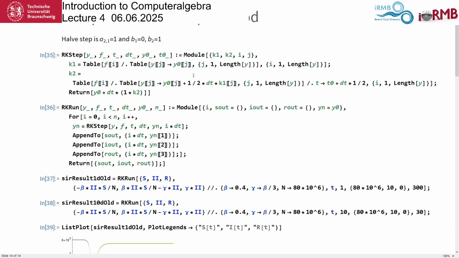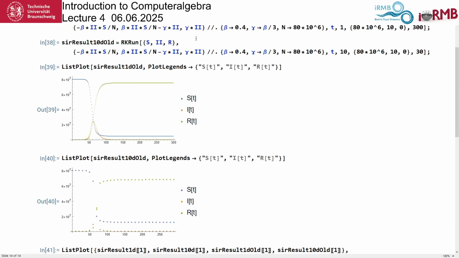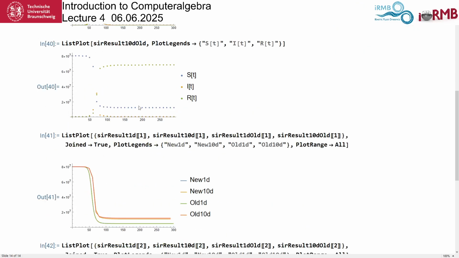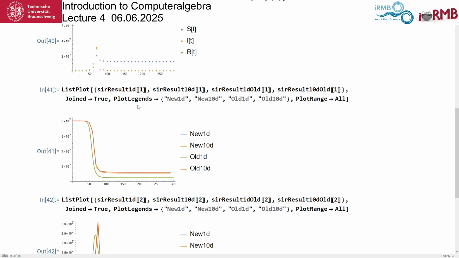It has the same order of accuracy, but our method, apparently, because we deleted some other parts, should still have a better accuracy. So we can run this. I would say the results look pretty similar.